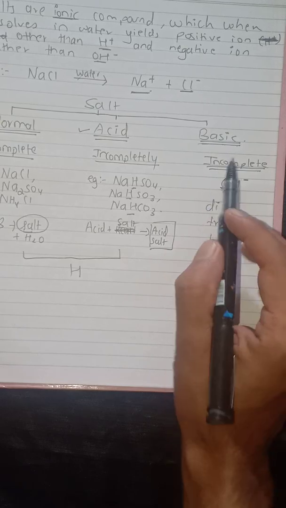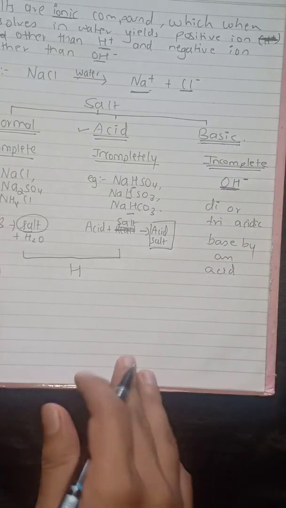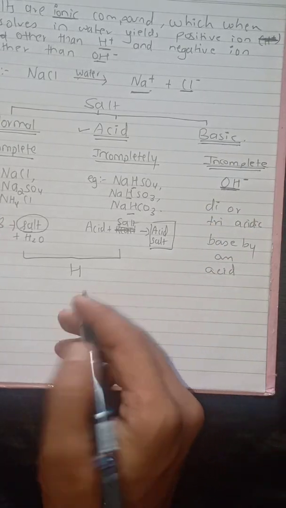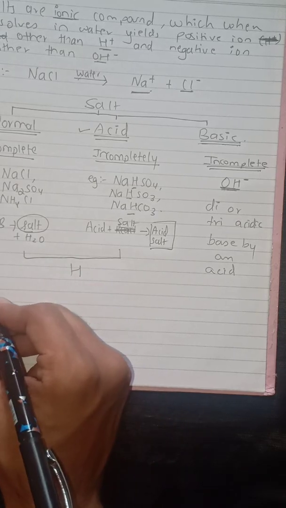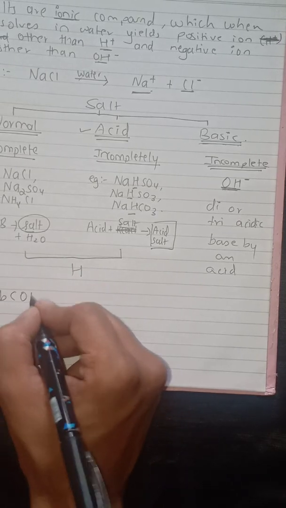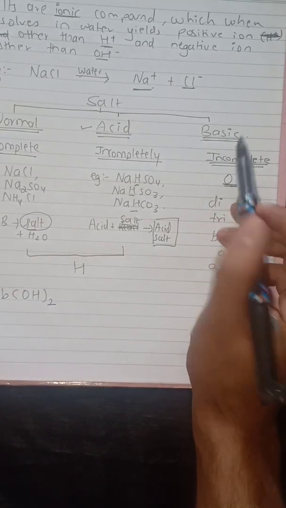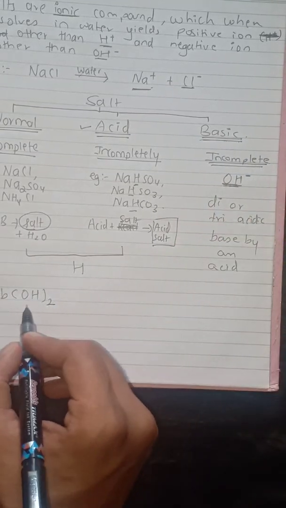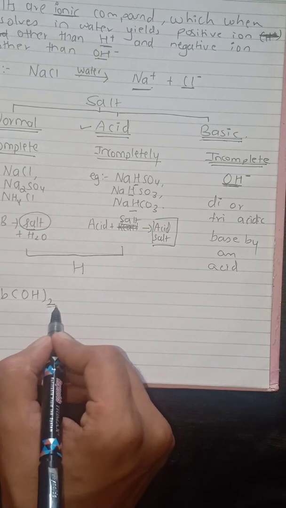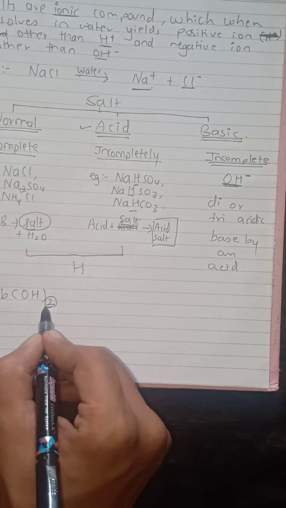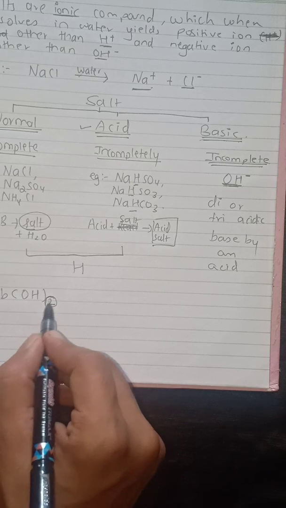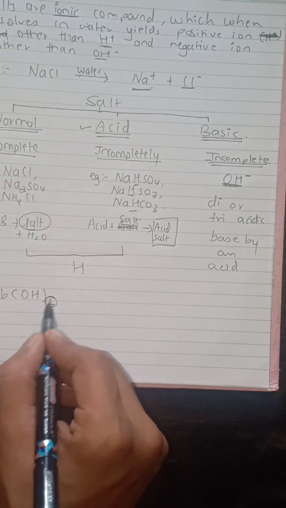Now these basic salts. First, how are the basic salts formed? Suppose let's take a dibasic acid. Dibasic are those which have basicity 2, the bases which have basicity 2.